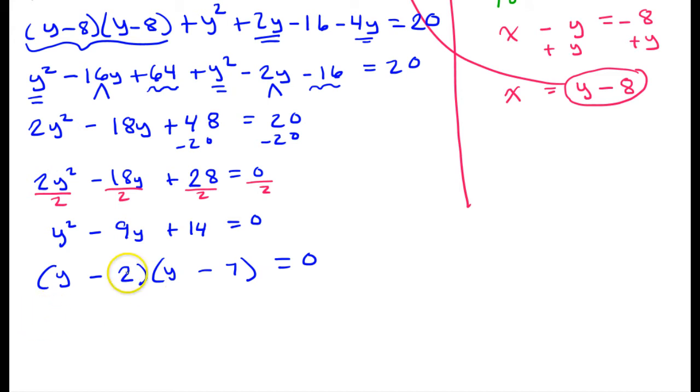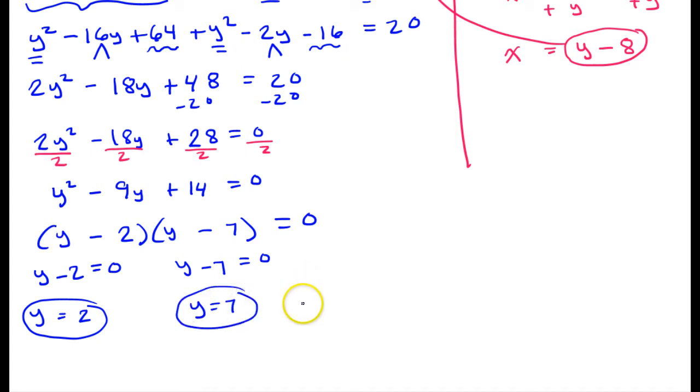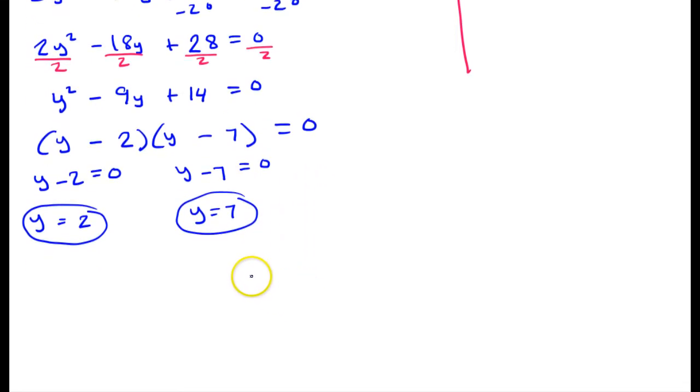I can find solutions by setting each factor equal to 0. So y minus 2 equals 0, and y minus 7 equals 0. Adding 2 to both sides, I get y equals 2. And adding 7 to both sides, I get y equals 7. So this is half of my answer.